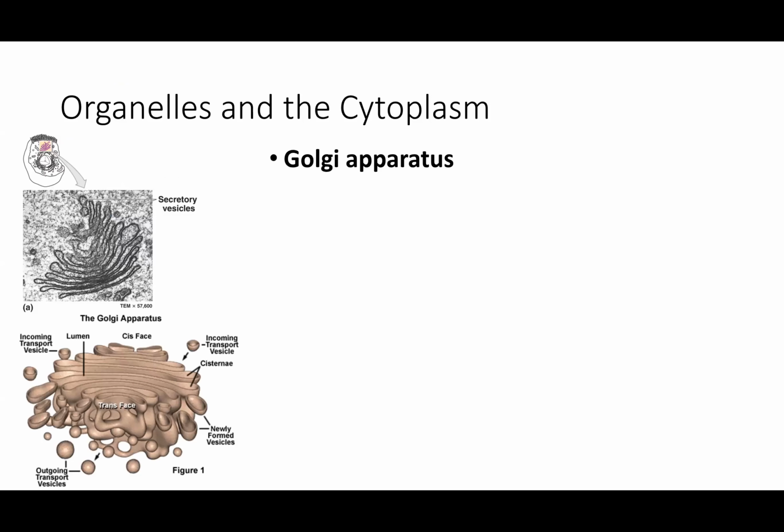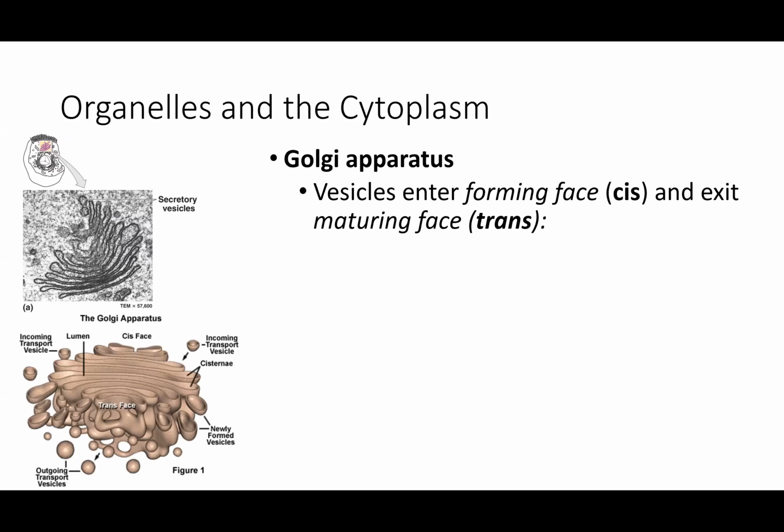So how this works, the Golgi apparatus has two sides. You have the forming phase, or the cis phase, and the maturing phase, or the trans phase. You need to know the difference between the cis forming phase and the trans maturing phase. I will ask you a question about that.